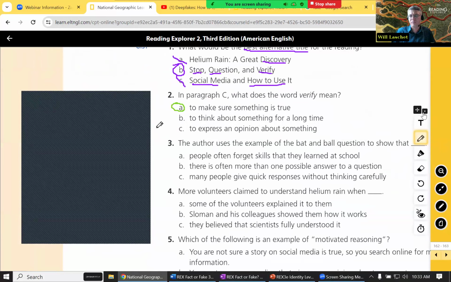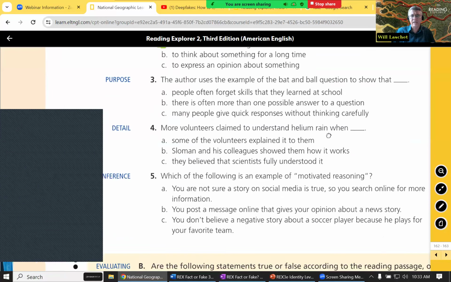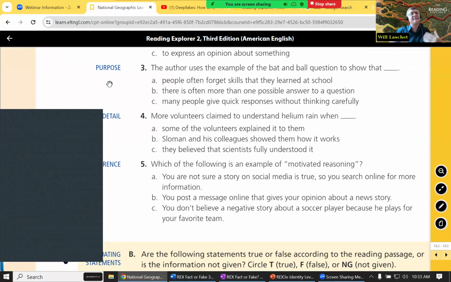Okay, let's try one more. This one is purpose. This is an interesting type of question. Purpose is a type of question where we're thinking about why did they do this? What was the purpose? It says the author uses the example of the bat and ball question to show that something. So we've got here A, people often forget skills they learned at school.